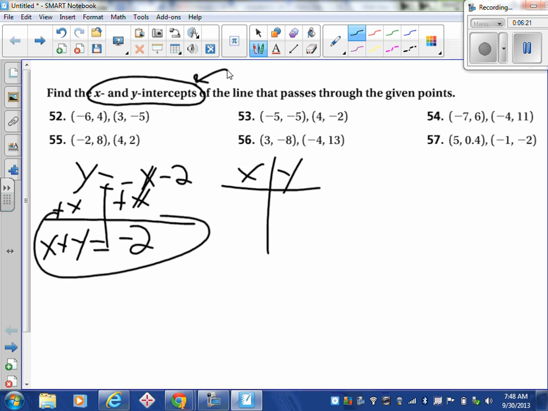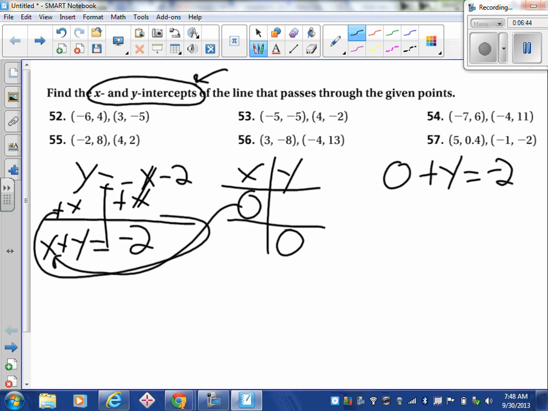XY chart? In my chart, I'm going to put a 0 and a 0. And I'm going to substitute a 0 in for the x. So when I do that, I'm going to have 0 plus y equals -2.